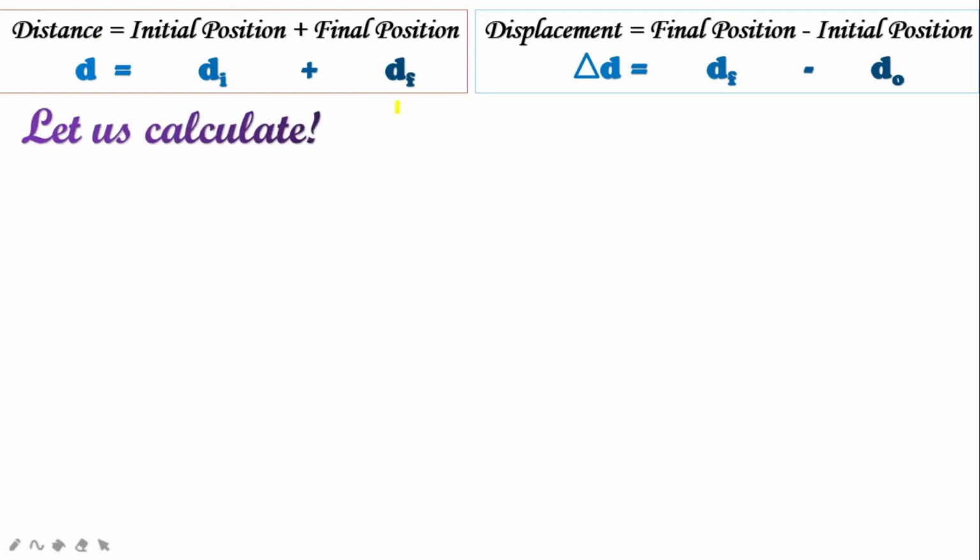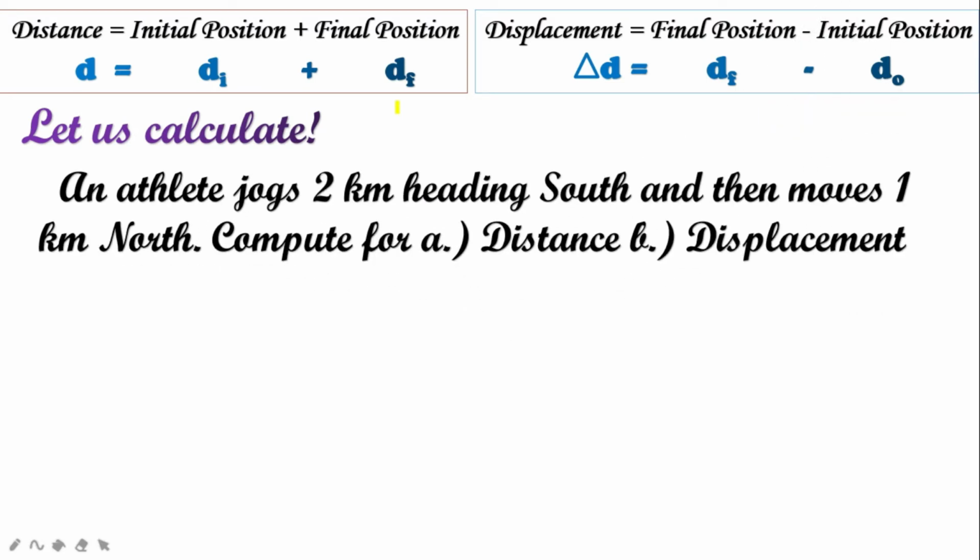All right, let us calculate. So this is the sample problem. An athlete jogs 2 kilometers heading south and then moves 1 kilometer north. Compute for A, distance, and B, displacement.